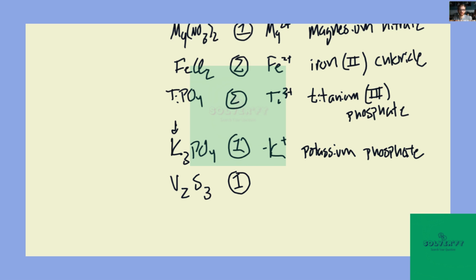Sulfur always has a charge of 2-, and we've got 3 of them, so the sulfur adds up to 6-. If 2 vanadiums counteract 6- completely, then the charge must be 3+. So we say vanadium, put the charge in Roman numerals in parentheses, (III), and then the anion sulfide.